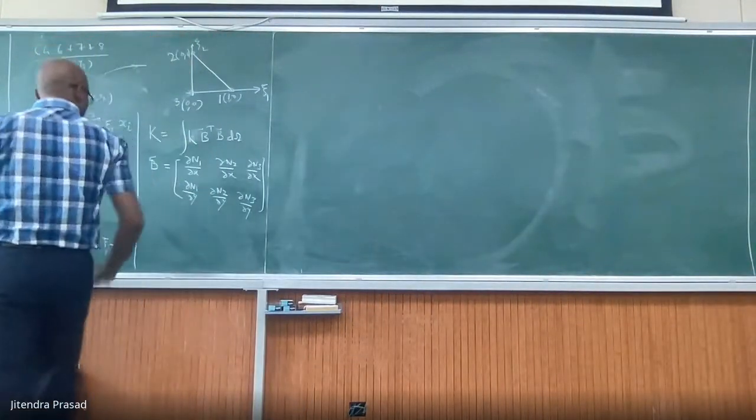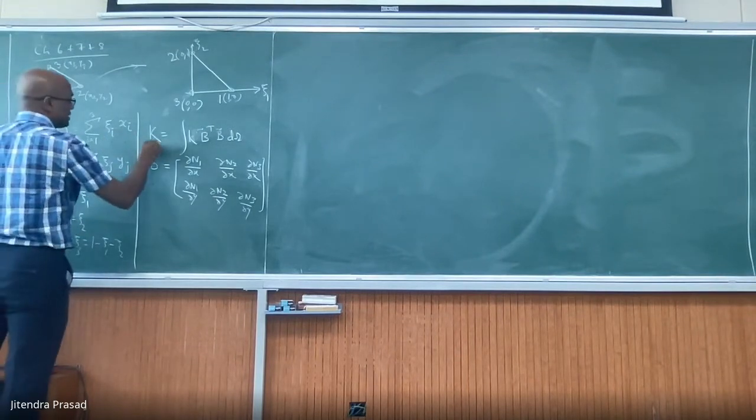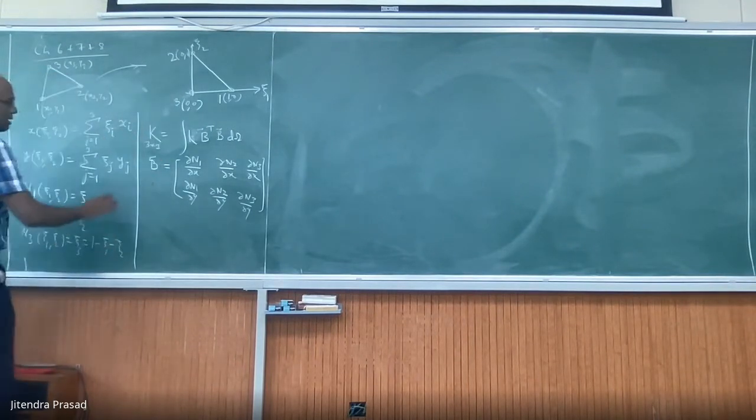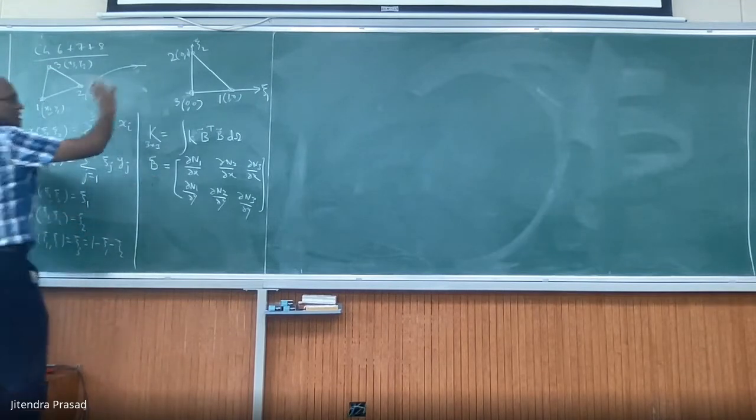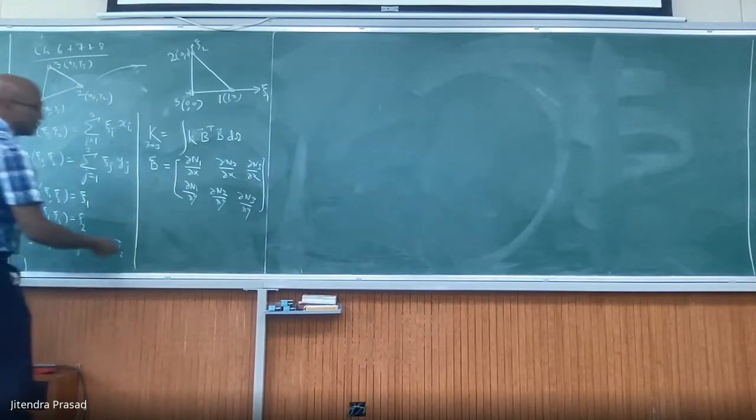We have to find the big K, which will be a 3 by 3 matrix for a triangle. We have already solved this problem, but we are approaching it with a different method so that you can also extend it further.